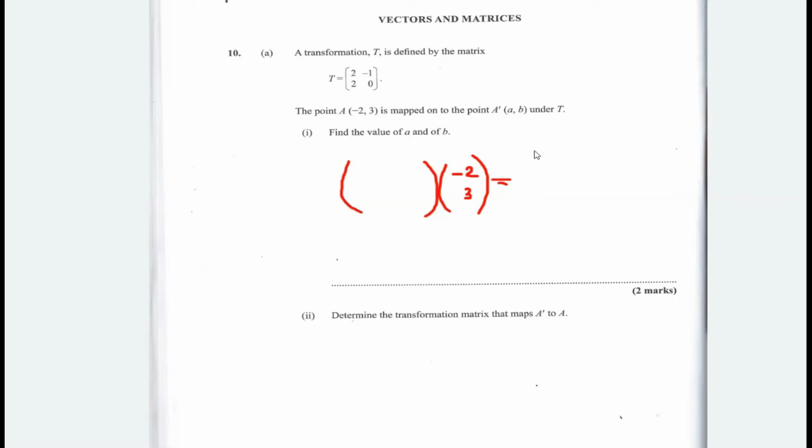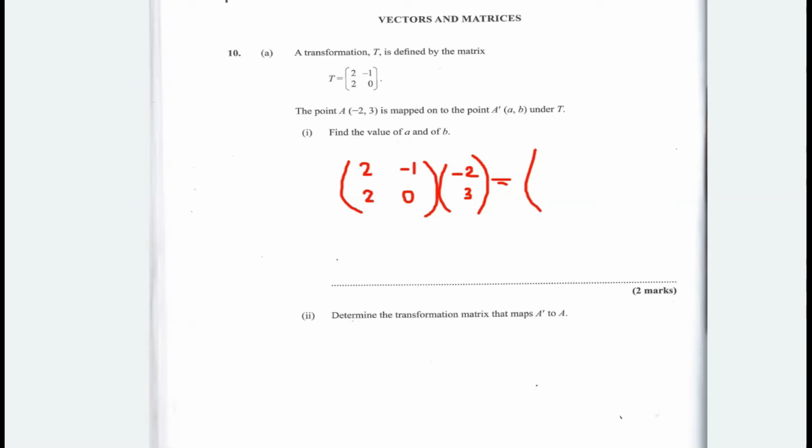So that will give us the image. We have to do matrix multiplication. T, which is [2 -1; 2 0], is being multiplied by A, so it's T times A to give you A prime. We multiply row by column.